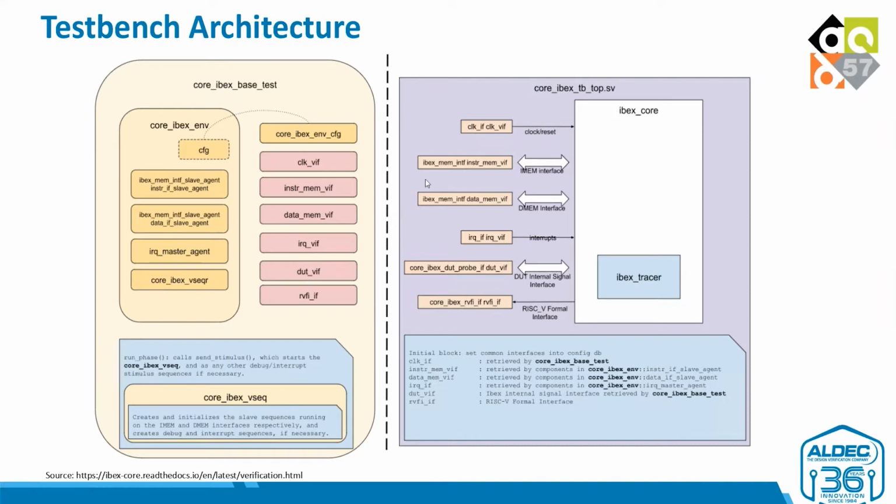So these are the static ones, and these are the dynamic ones. And this is our environment. You can see the test, which instantiates the environment, and you have agents under there, and you have some virtual interfaces connecting with the different interfaces that are found on the Ibex core.